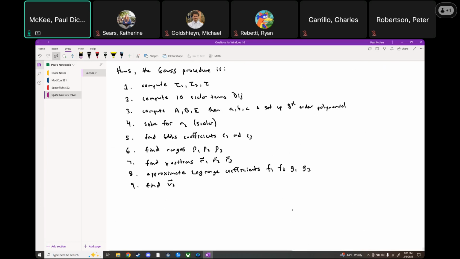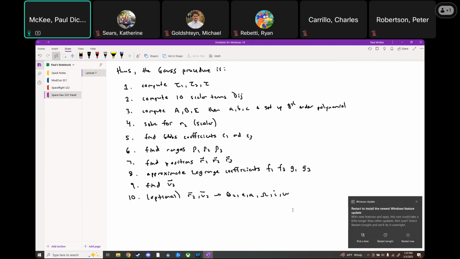And then step 10, which is optional, you can go from R2 and V2 to true anomaly, E, A, omega, I, and omega. And that's it. That is the Gauss procedure.